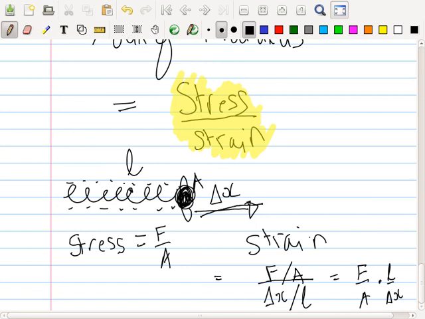If I move this more, does the stress increase? Yes. Does the strain increase? Yes. But this here doesn't change. So this constant is called the Young's modulus, and the letter you use for it is capital E.